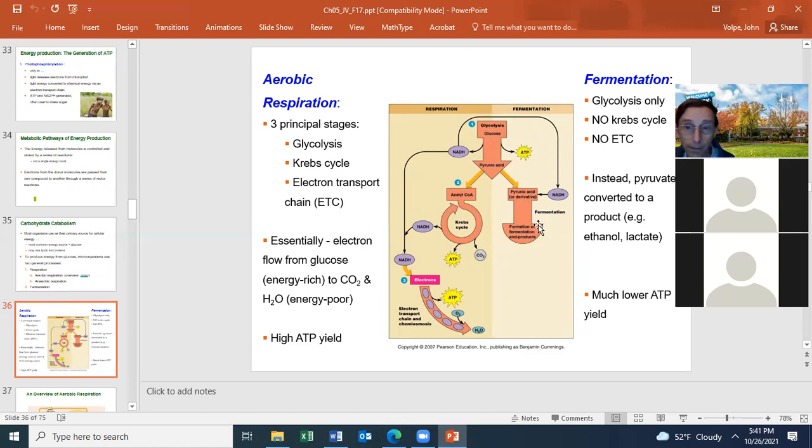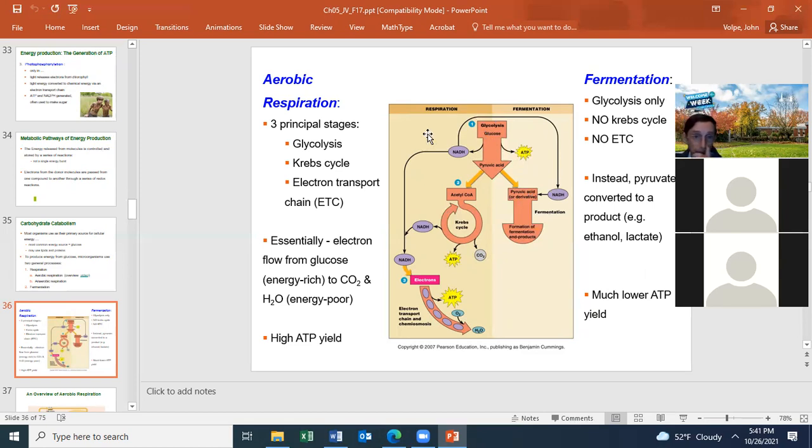It's usually 1 or 2 steps. Then the pyruvate is converted to a fermentation product like ethanol or lactate, and ATP is generated. The ATP is only generated in glycolysis.